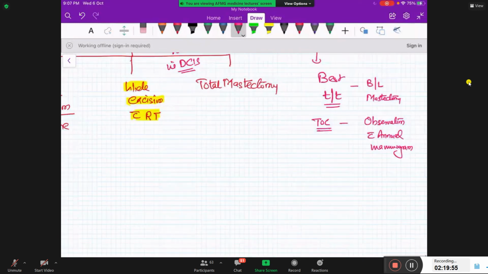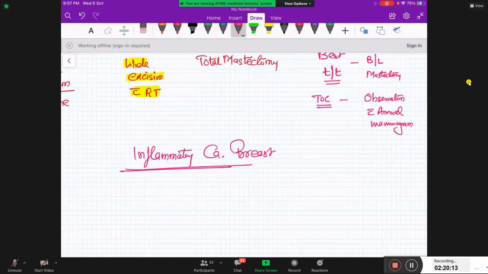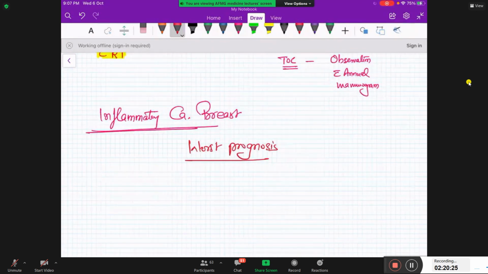Then we should also know a few things about a special type of cancer of breast, that is inflammatory carcinoma breast. Inflammatory carcinoma breast is one type of carcinoma breast which has a worse prognosis, and it is seen in young patients.